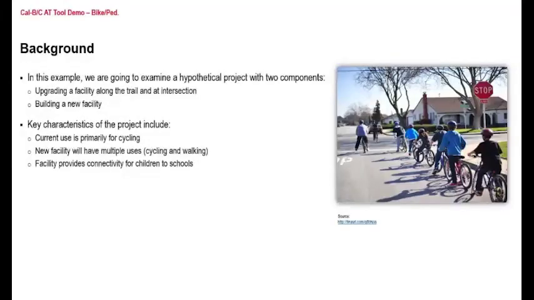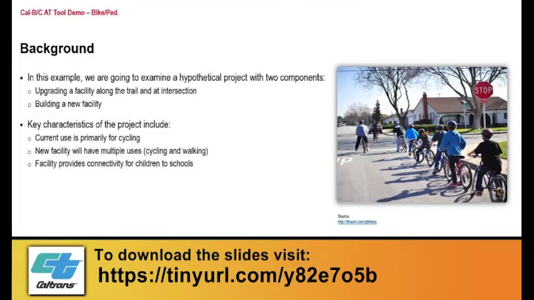So in order to show a couple of different features of this project, I'm going to show a more complicated example than what you might use this tool for. What we're looking at is a project that has 2 components. We have an existing bike trail, and we're using the word trail generically. It could be a bike lane on a roadway. It could be a separated bike facility.